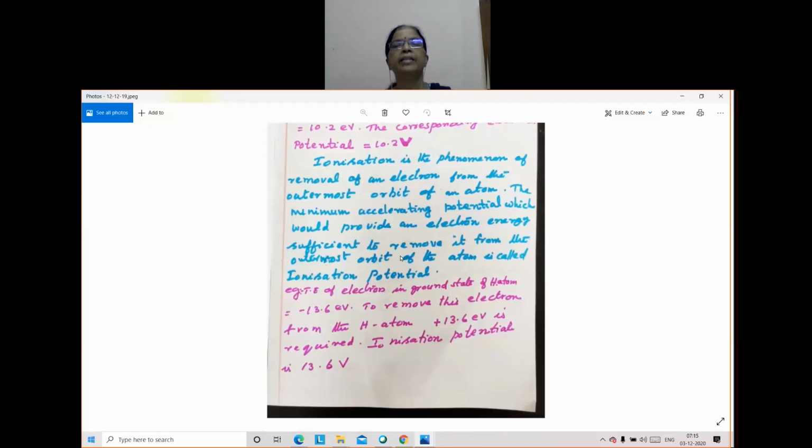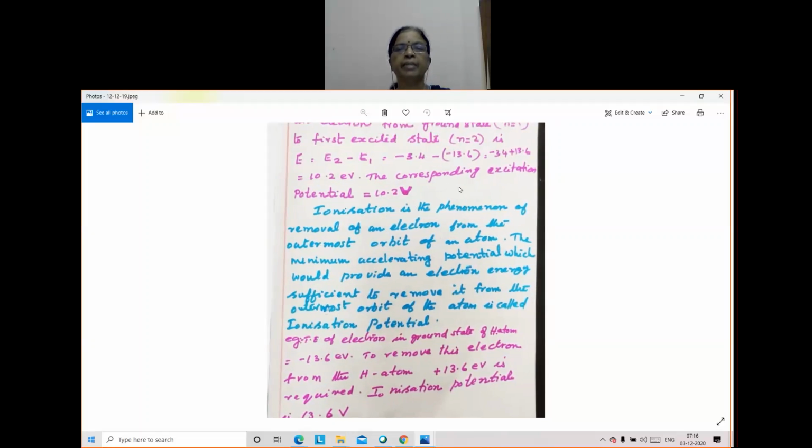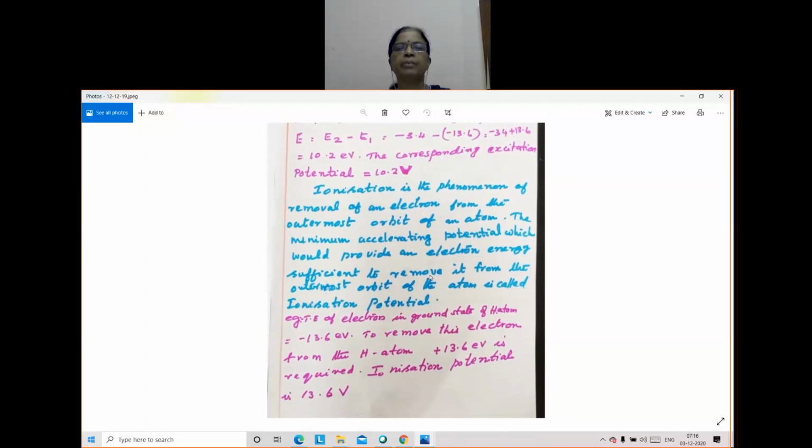Ionization means the electron is completely removed from the atom. That potential is different from excitation potential. Excitation means from one level to another level only. Ionization potential means how much voltage we have to apply to remove the electron from an atom. Then only it will be ionized.